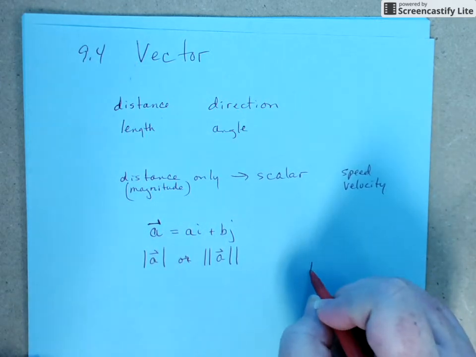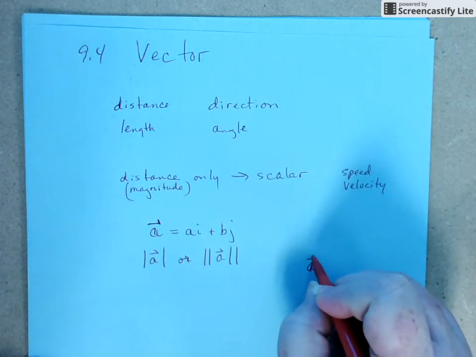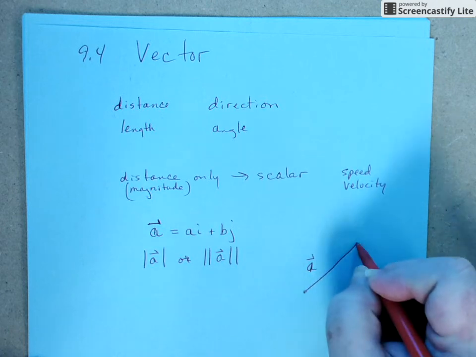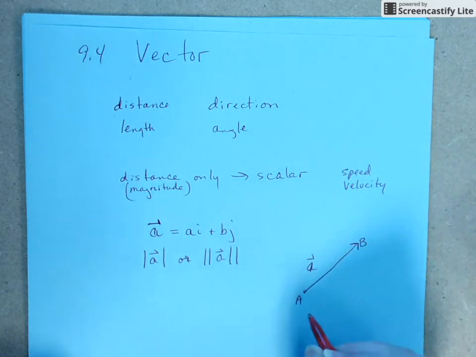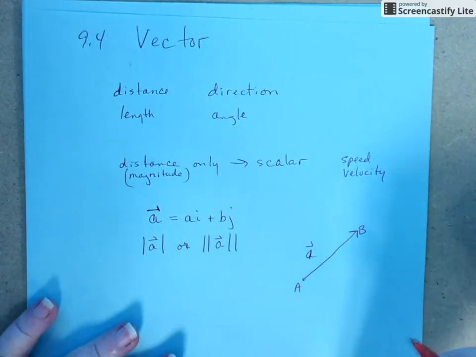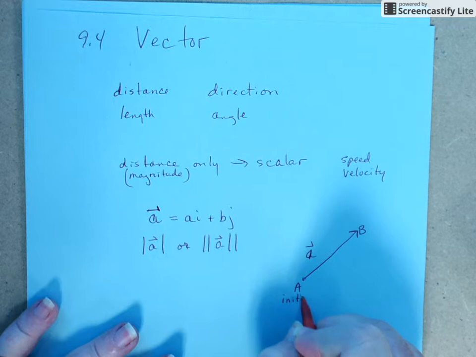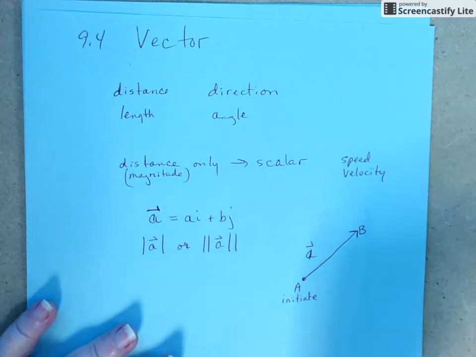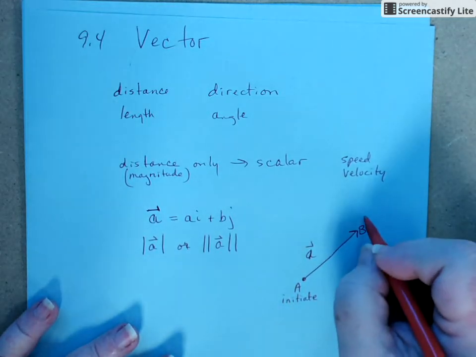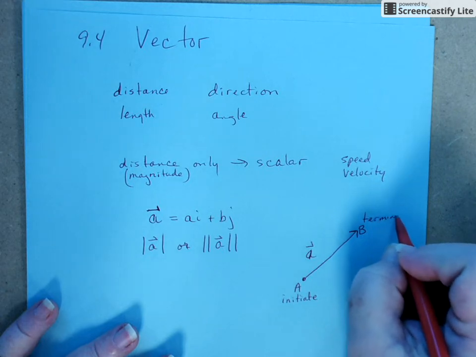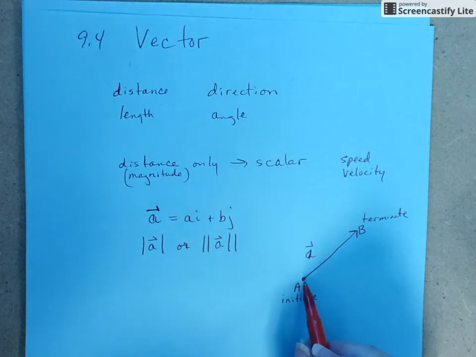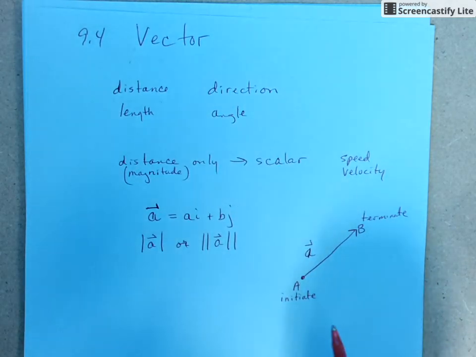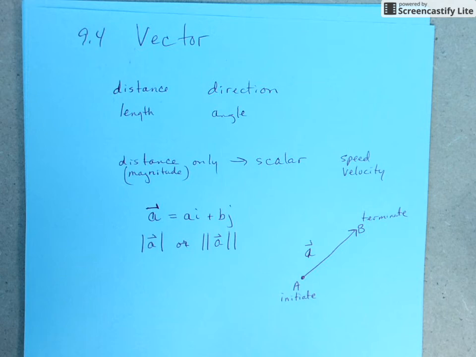So if I draw vector A, here's point A and here's point B. Vectors initiate at A and they terminate at B. So the initial point would be A and the terminal point would be B. Now that makes a difference because I want you to imagine that you're traveling between Austin and Houston.